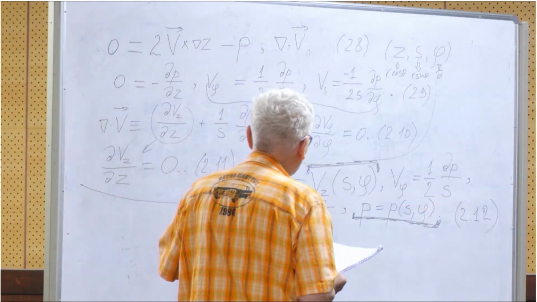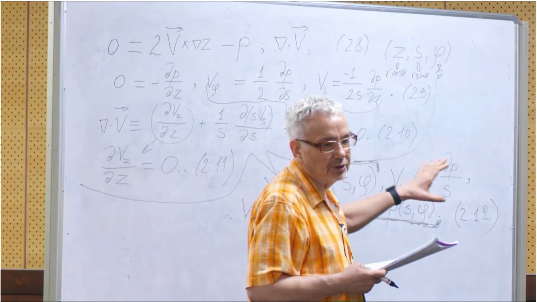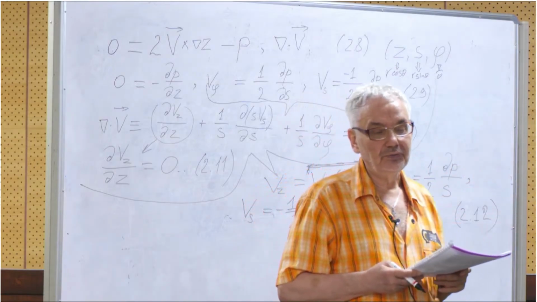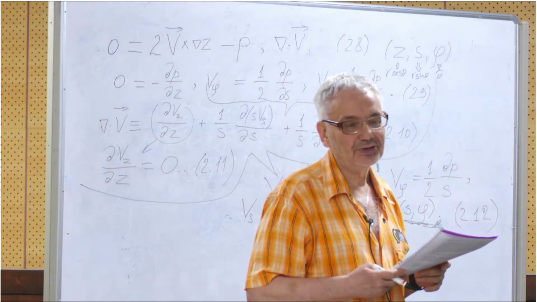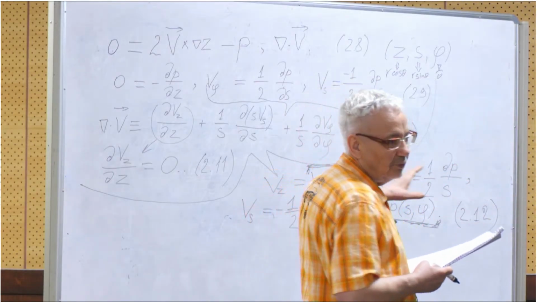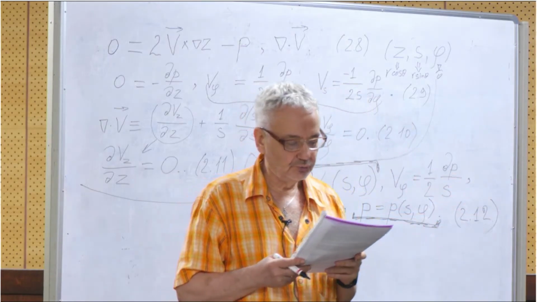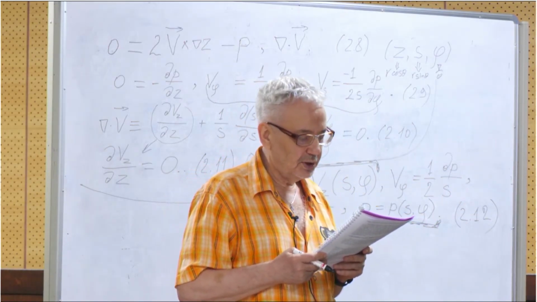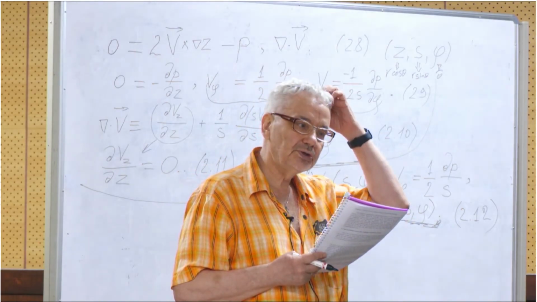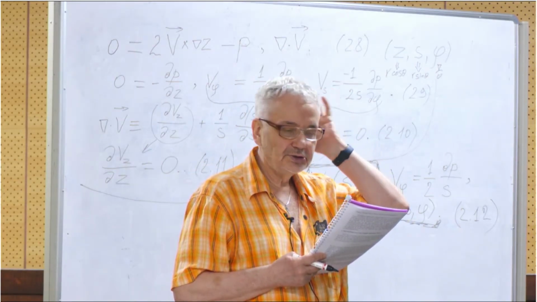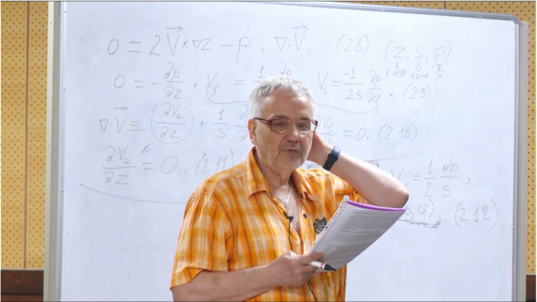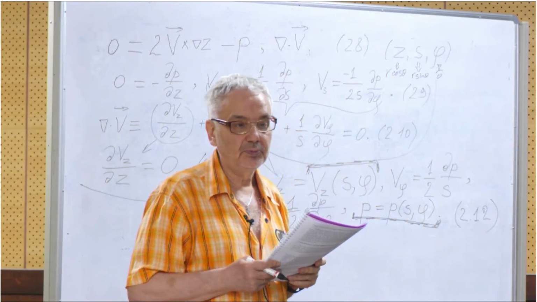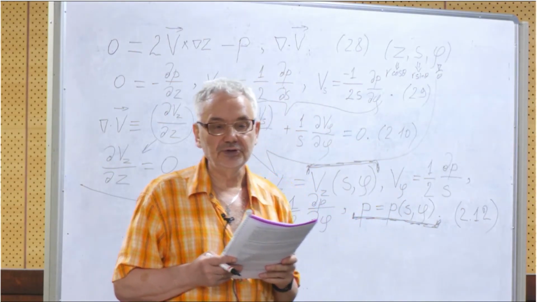But some detailed steps I omitted. So it will be your duty to understand how these very detailed steps work. And eventually you should prove the Proudman-Taylor theorem, because perhaps it is one of the most important, if not the most important, theorems in geophysics.